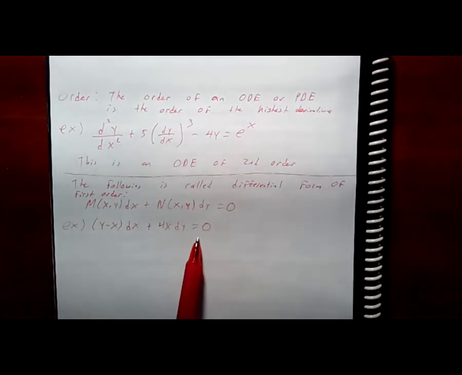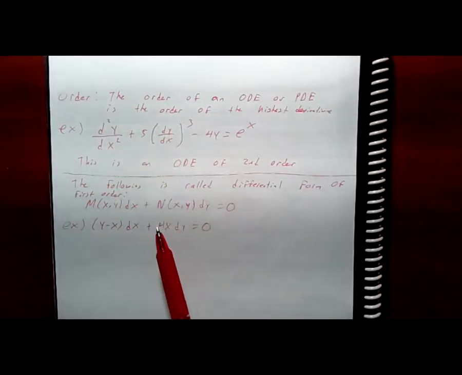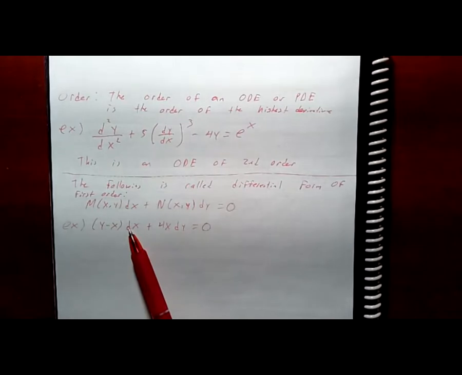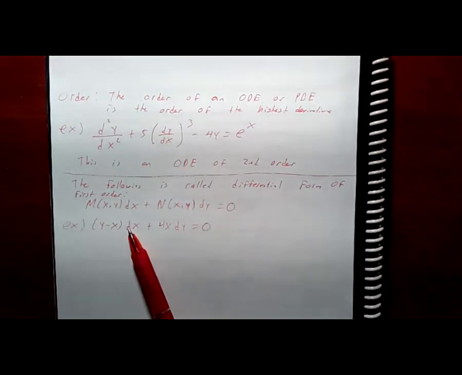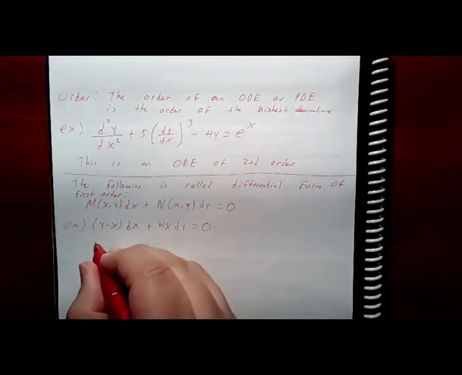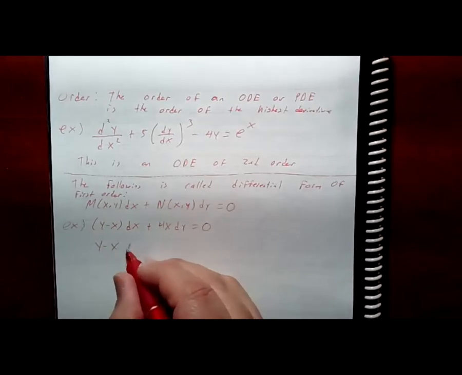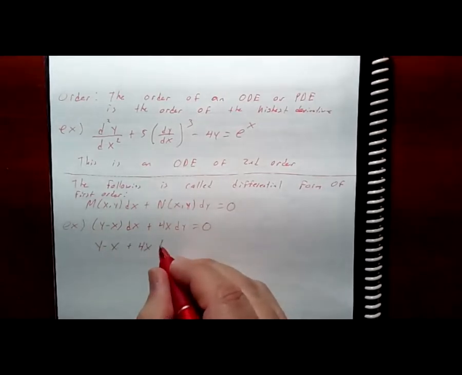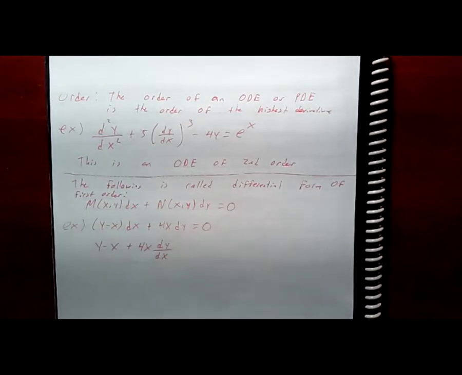If you want to get it into a differential equation form, you would have to divide both sides by dx, right? So if I divide everything by dx, you agree that I'll end up here, right? You divide by the differential dx.